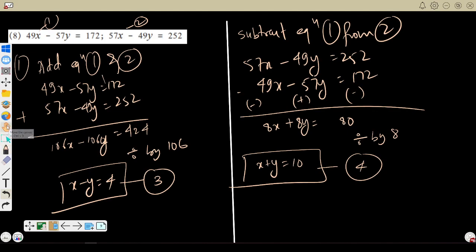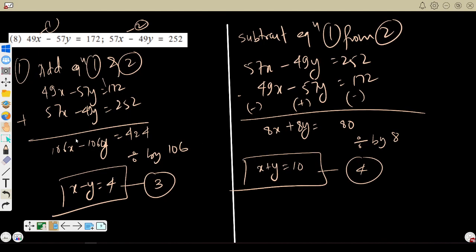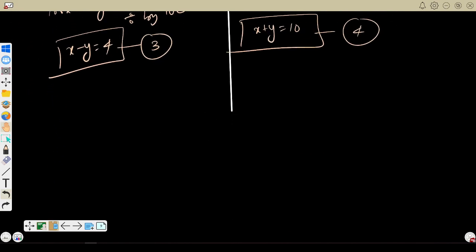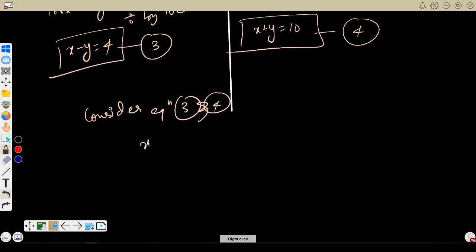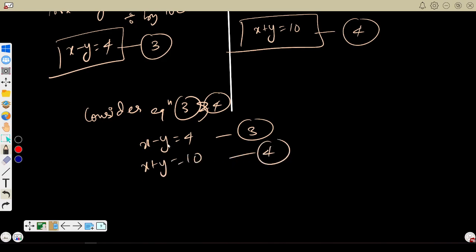Now what we will do is, instead of solving equation 1 and 2, I will solve equation 3 and 4. Consider equation 3 and 4. Copy the equations. x minus y is equal to 4, and this is equation 3, and equation 4 is x plus y is equal to 10. If you observe, the coefficient of y in both the cases is same, that is 1, but the signs are opposite.